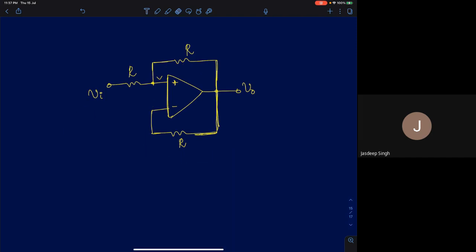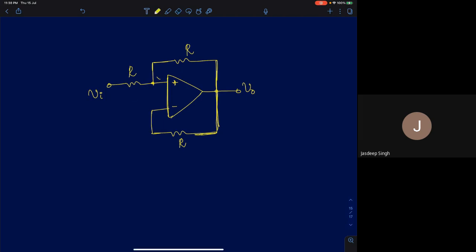So you'll have to find out which is dominating. If the negative feedback is dominating, then we know how to analyze the circuit. We know that the negative and the positive terminal voltages will follow each other. Based on that, we can very easily do the analysis.